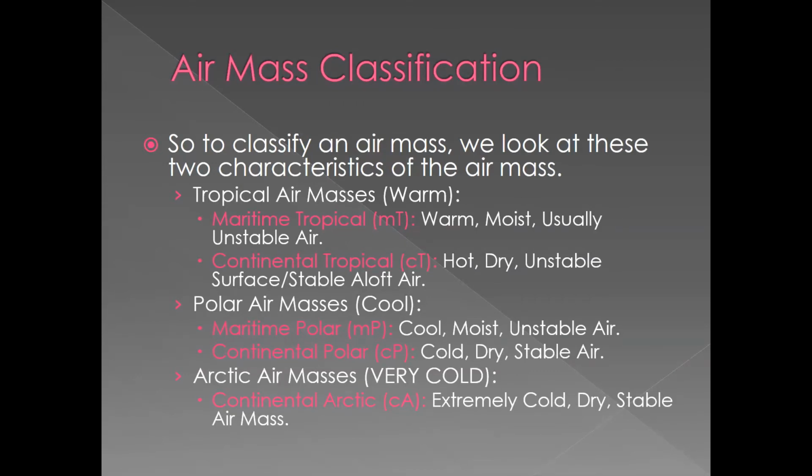Whereas hot air masses can easily be in the hundreds, 110, 120, extremely hot air masses. And so that's why I use the word warm to describe maritime tropical air masses and hot to describe continental tropical air masses.